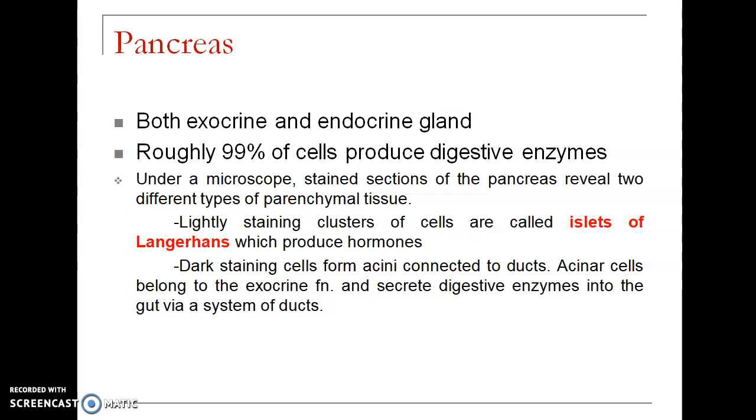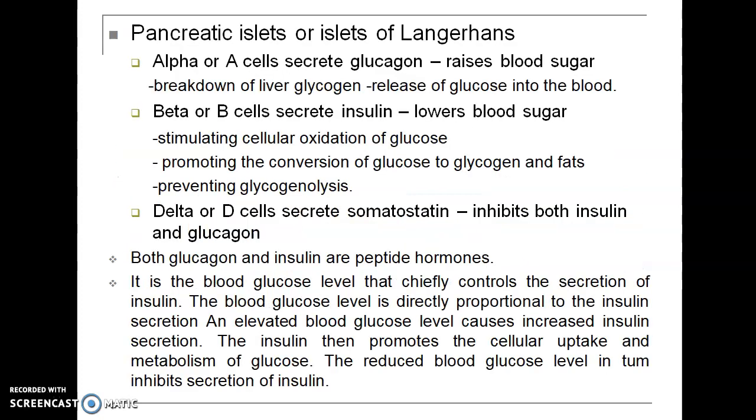They are concerned with exocrine function and are responsible for releasing digestive enzymes into the digestive tract via ducts. As I said, we are concerned only with the endocrine function of the pancreas in this chapter, so here we are concerned with the islets of Langerhans.